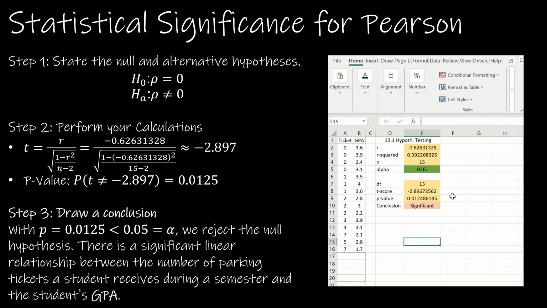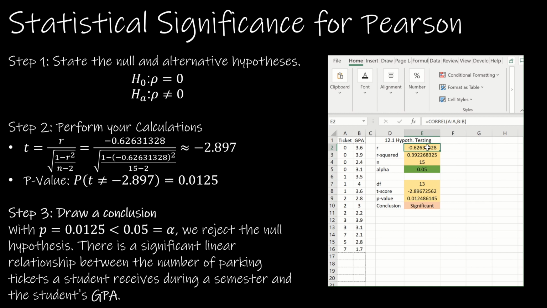So, things that we will need to calculate our t-score. The first thing is r, and r is just the correlation coefficient. So we can either use CORREL or PEARSON, as we talked about in our last video. Then there's r squared. So we haven't done this one yet. There is actually an R squared function.